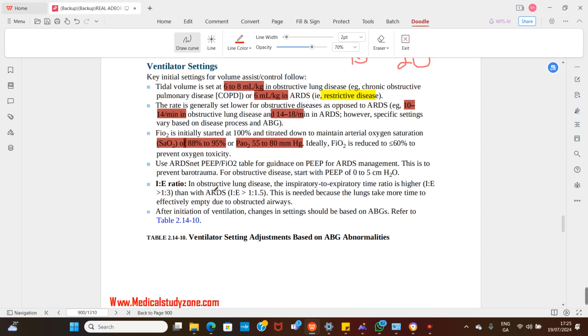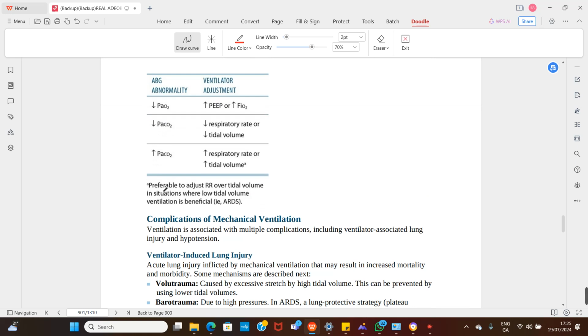They need more time in expiration, so you have to make sure the I:E ratio is greater than 1:3. In ARDS it is not obstructive, so keep the expiratory time shorter. So 1:1.5 is fine. This is needed because the lungs take more time to effectively empty due to obstructed airways. Okay, we already know this adjustment.